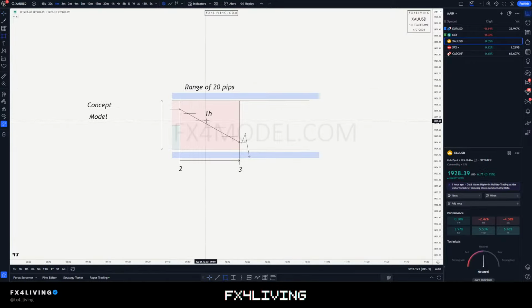Those little lines inside are all internal liquidity range, so they are less important than those above and below the range you're working on. You know what I mean? If price grabs liquidity below this 1 hour range, then plays back inside the range with a fair value gap here, right?